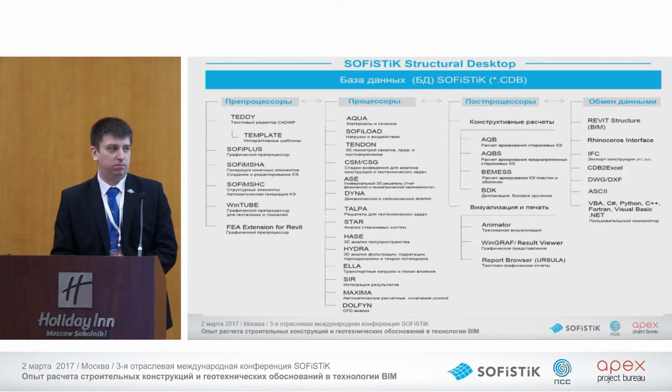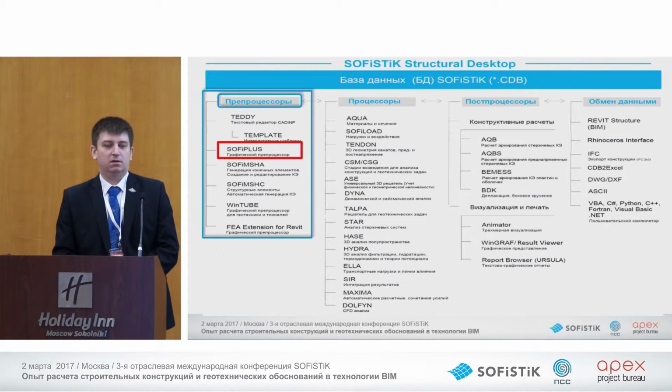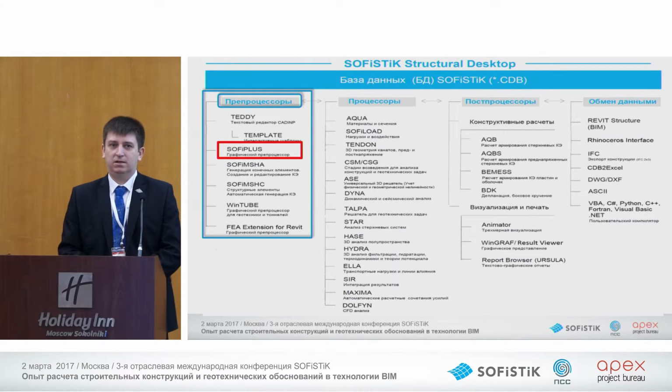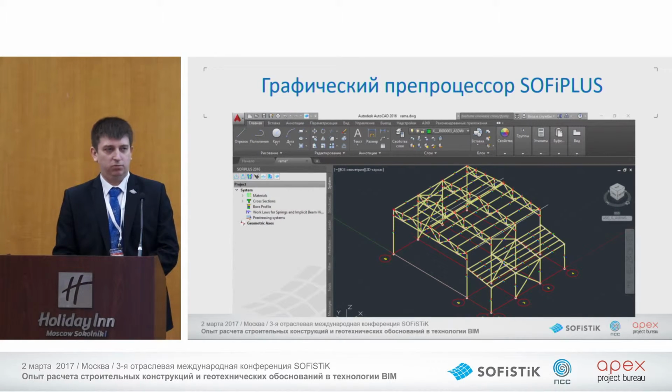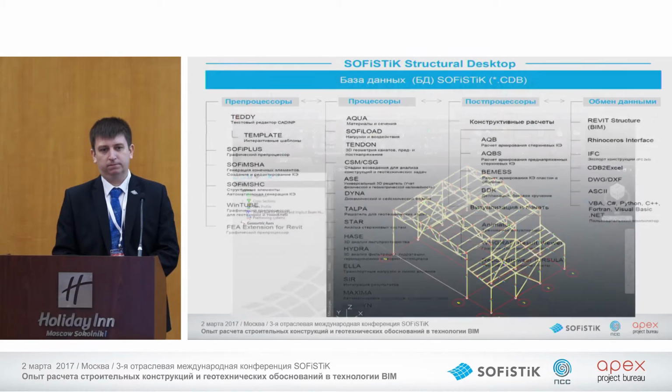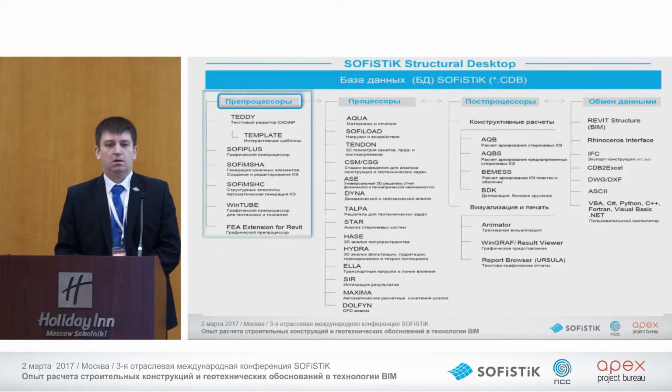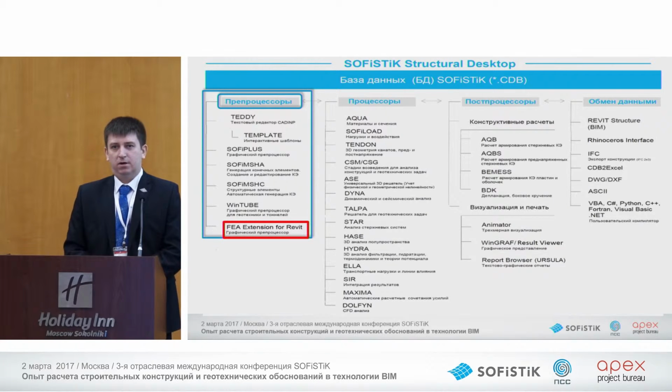For you to understand all the capabilities of SOFiSTiK, let us mention the major modules. Let's start with preprocessors. The major preprocessor is SOFiPLUS, a graphic preprocessor. It's an add-on to AutoCAD. We simply add a panel to AutoCAD, and it enables you to create models, to assign loads, and after that, everything can be exported to the SOFiSTiK analysis database.